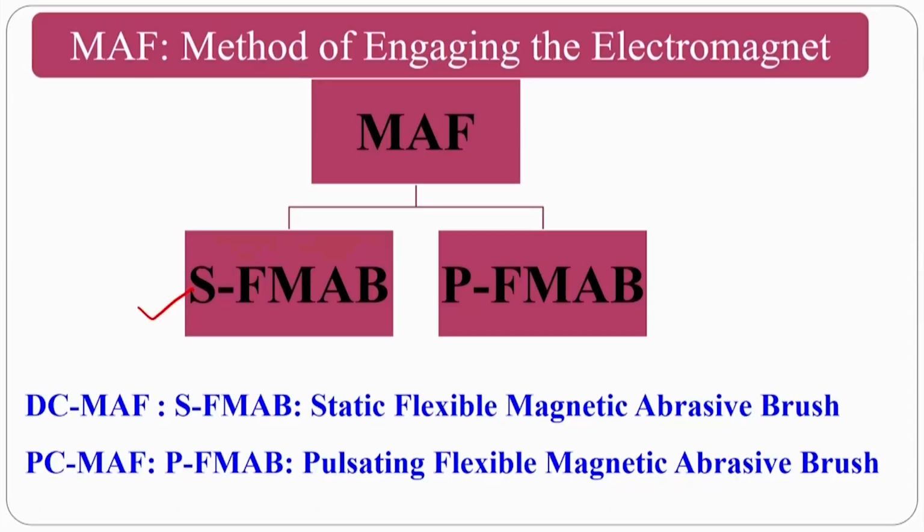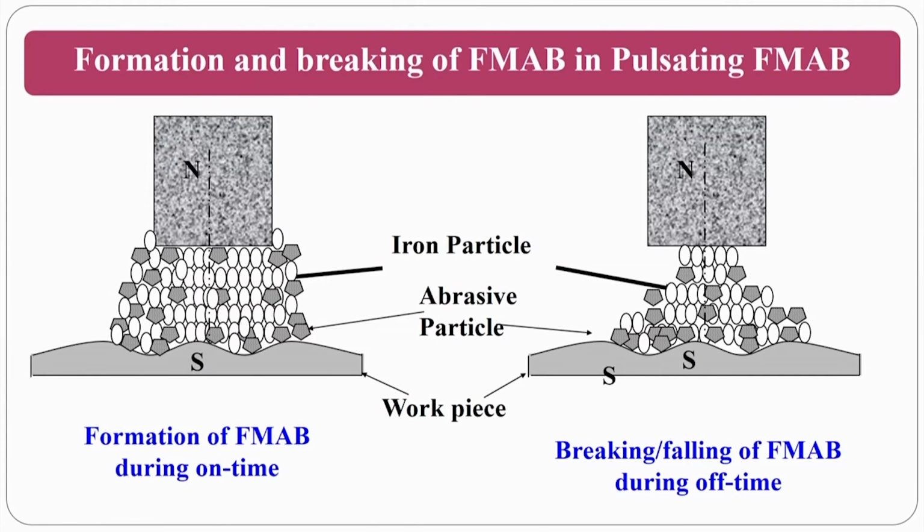Whatever you have seen is a static flexible magnetic abrasive brush, and the pulsating type of flexible magnetic abrasive brush you will see in the upcoming slides, along with the advantage of pulsating over the static. If you see here, the formation of the flexible magnetic brush is constant in the static one; your chain is fixed.